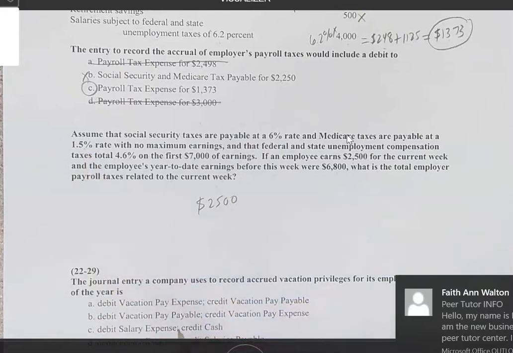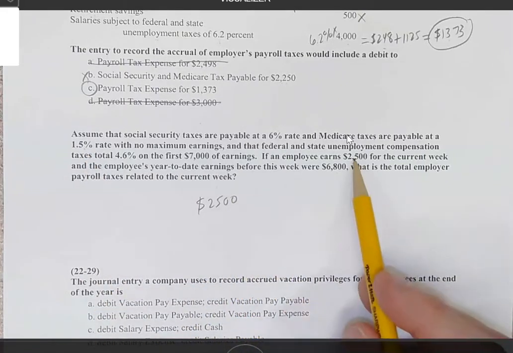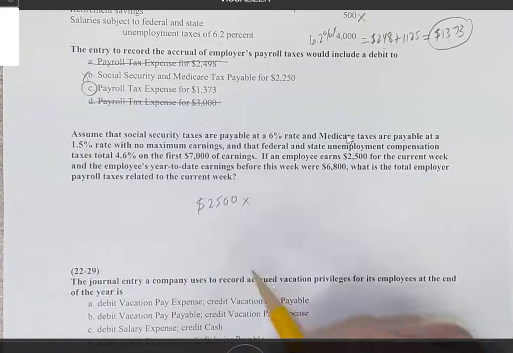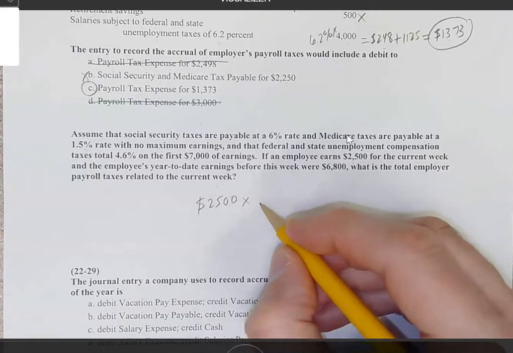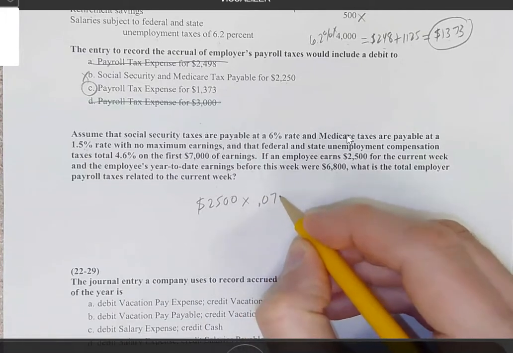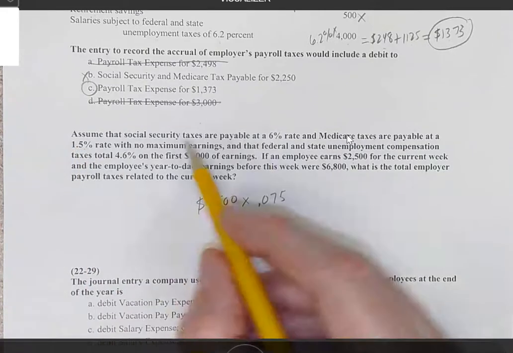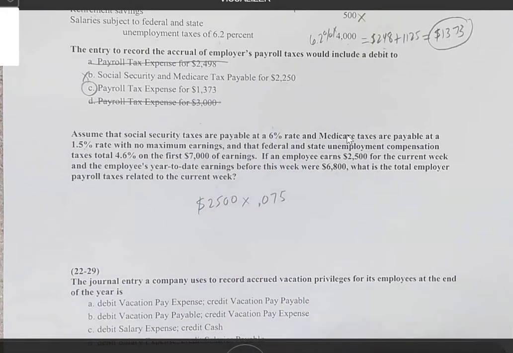But the employer is also going to have to do that. So what I would do is take the gross earnings, $2,500, and take 6 and 1.5, which I know is 7.5% or 0.075.